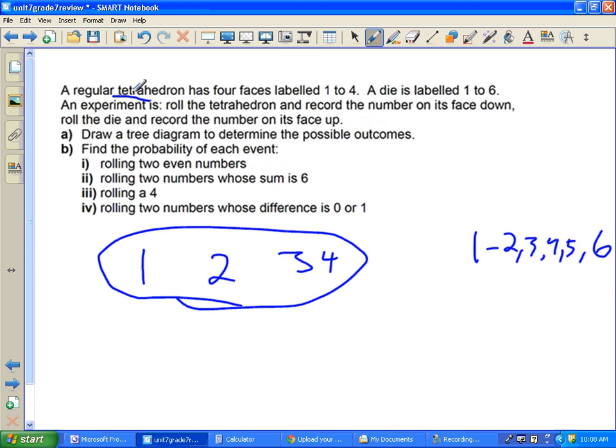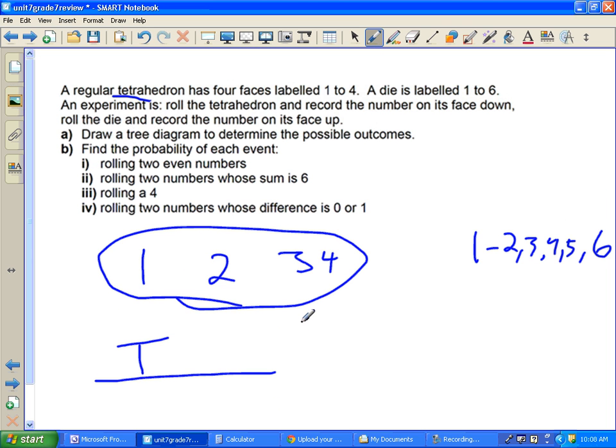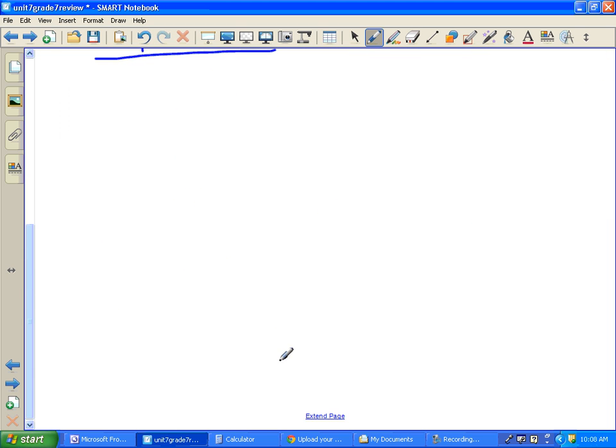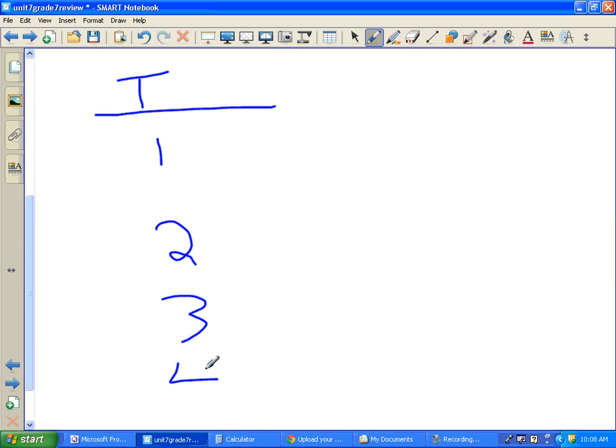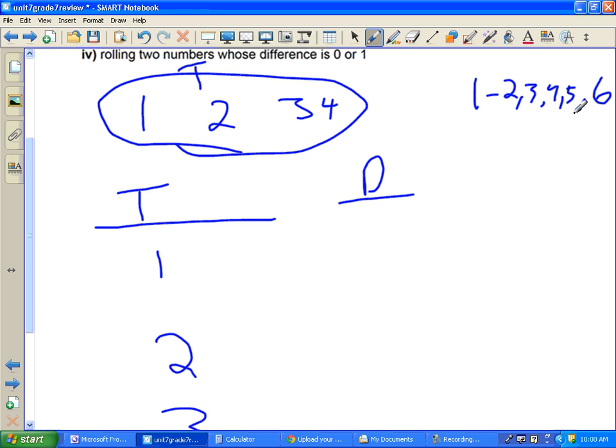So I'm going to roll the tetrahedron first. So I'm going to put T for tetrahedron. And what are my four possible outcomes for my tetrahedron? I could have had a 1, 2, 3, or 4. Then when I roll the die, I could have had a 1, 2, 3, 4, 5, or 6.